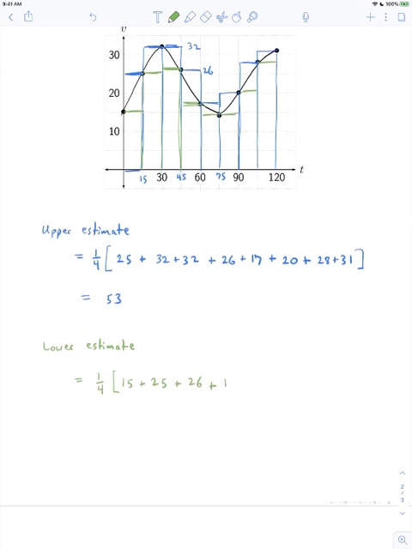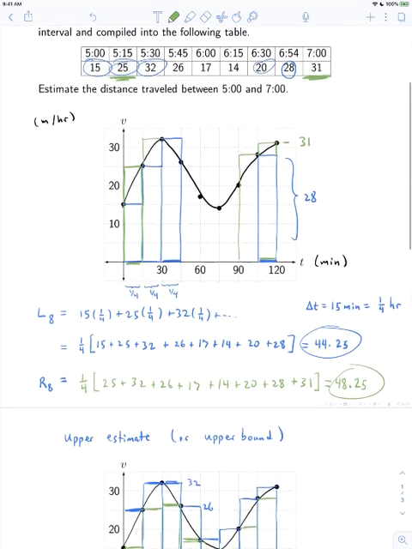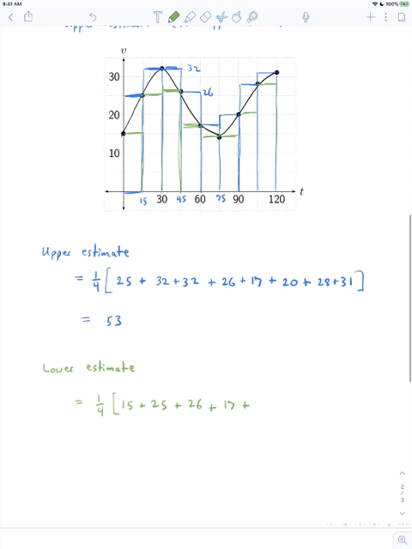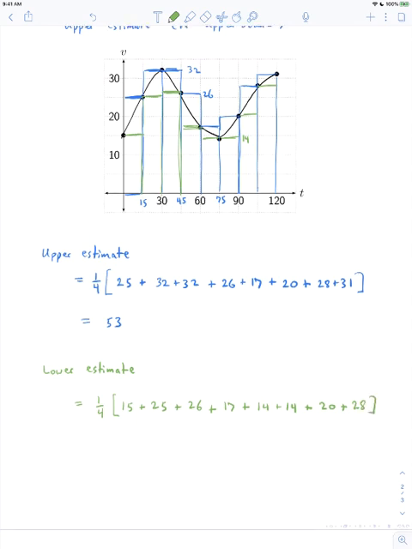So that's going to be 17 plus, and then we want another 14. So this height is 14. So plus 14, plus 14, plus, and then I believe it's a 20, and finally we're going to have a 28. And if you do these computations, I believe you get 39.75.